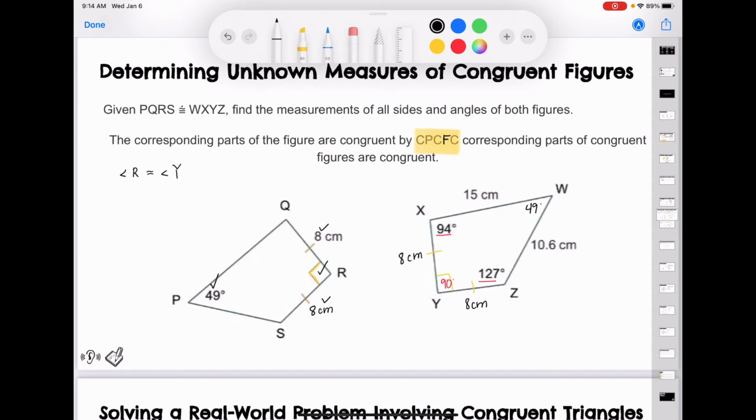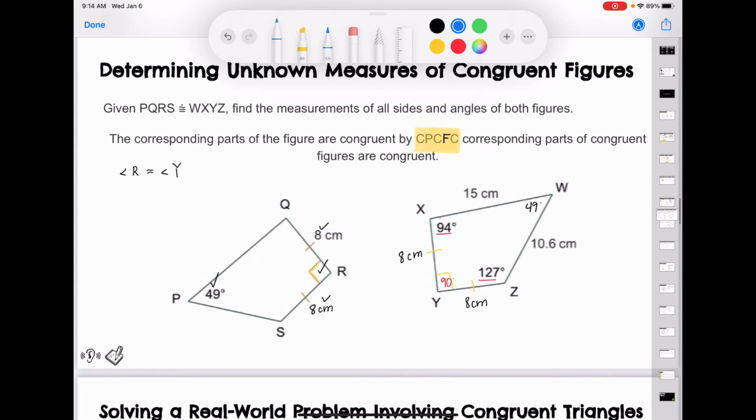So I'll choose a different color. And what is located on WXYZ that isn't already on PQRS? Well, as we can see here, what we don't have is 94 degrees. So where would that be located? Well, it's across from the 49 degrees, so it would be right here. And then we need the 127 degrees, so that's right here.